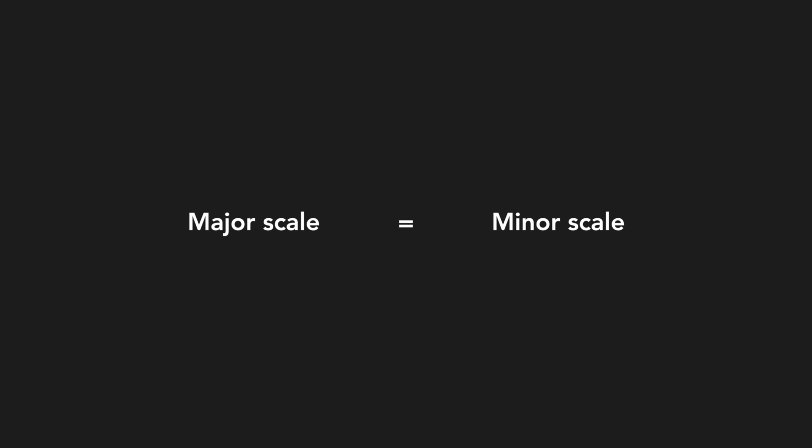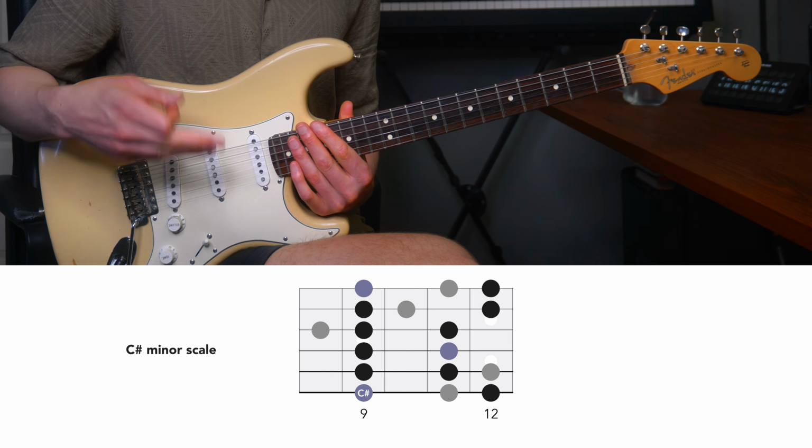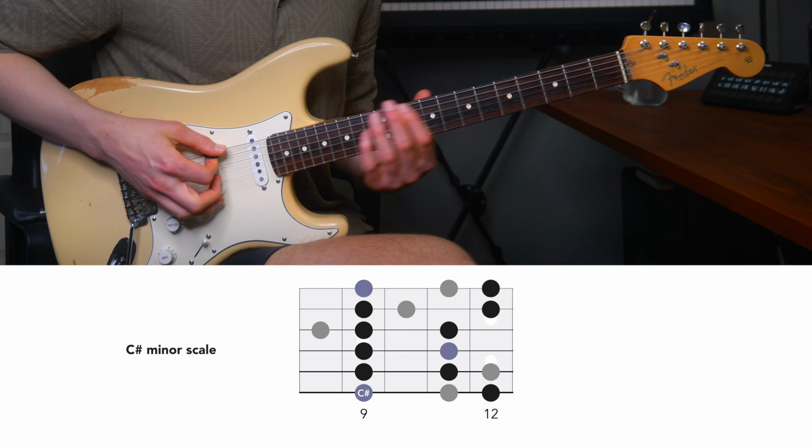And I want to quickly mention the second scale he uses a lot, which is the major scale or minor scale. They're actually the same scale. So in this example, you could add in just a few notes to get the minor scale.